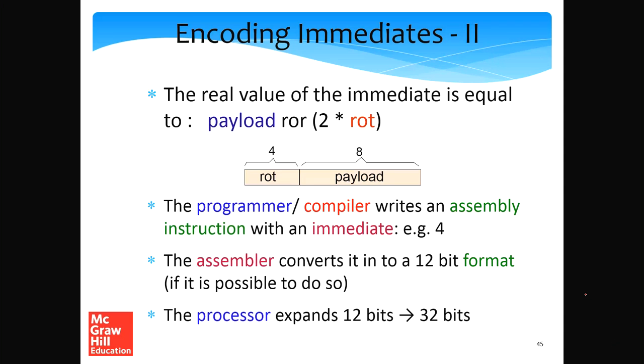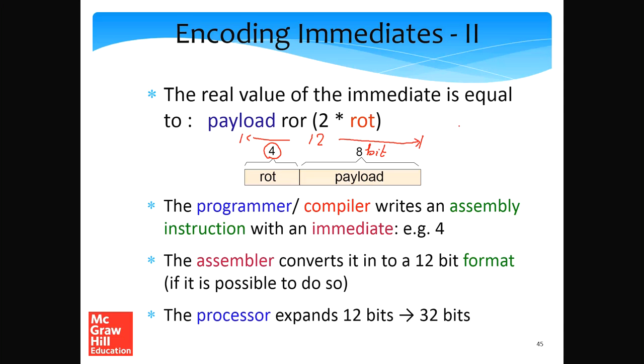The real value of the immediate can be calculated like this. Let's again consider the 12-bit field. The 12-bit field is divided into an 8-bit payload, which is basically 1 byte of information, and a 4-bit field called rot. The way that the immediate is calculated is like this.